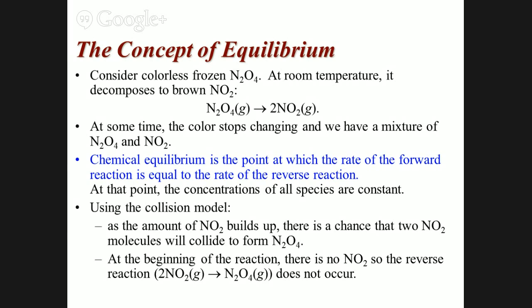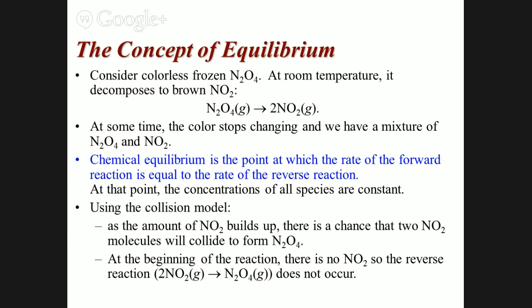So one of the things that you'll see is, to begin with, we have a whole bunch of forward reaction because all we got is N2O4. Start making NO2. Well, the more NO2 we make, the less N2O4 we have. That reaction kind of slows down, and at some point, it doesn't stop, but it just is constant. It's not going to get any slower.